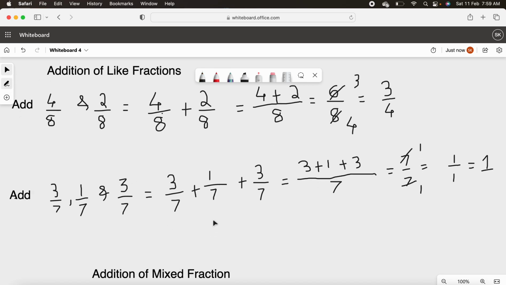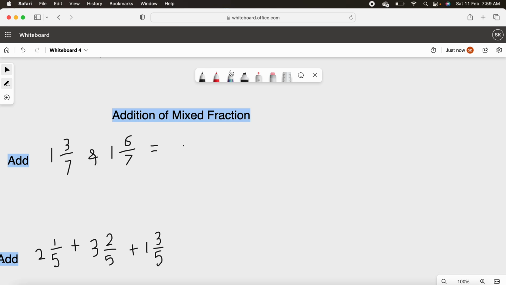Alright, moving on to the next one. This is very interesting. First, you need to write one formula. Look at this formula, boys. Remember this?